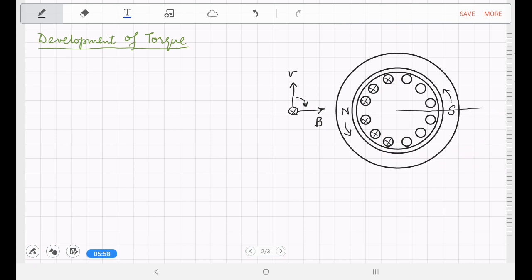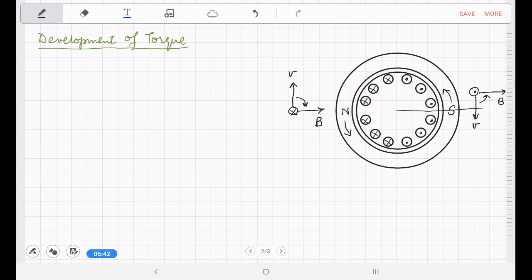And using the same procedure, if we consider a conductor at the center of the south pole, the velocity of the conductor relative to the field is downwards, v, B is directed towards right, and therefore using the v cross B rule, we can see that the EMF induced is directed outwards. And so will be the case for all other conductors under the influence of the south pole. So this shows the direction of induced EMF in the conductors of the rotor at the instant considered.